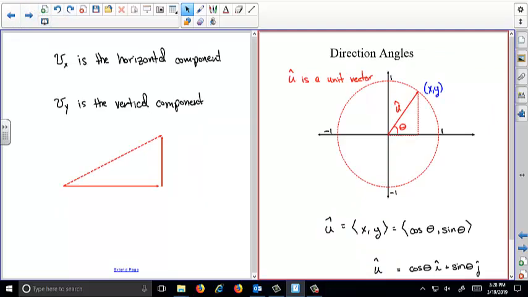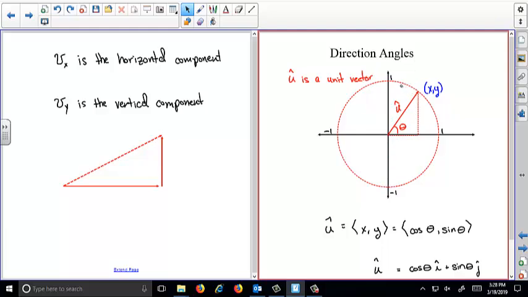Okay, now another way of representing the unit vector is to use directional angles. There are things called directional cosines, but that's a different topic. So what I have here is a unit circle, and inside this circle I have a vector.